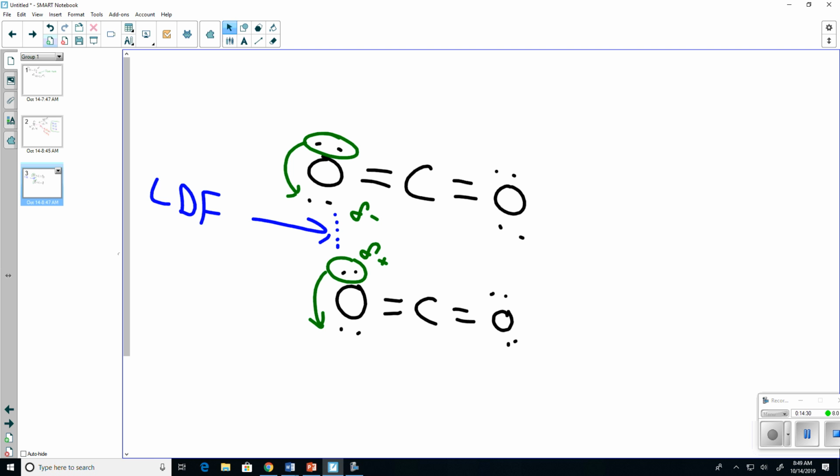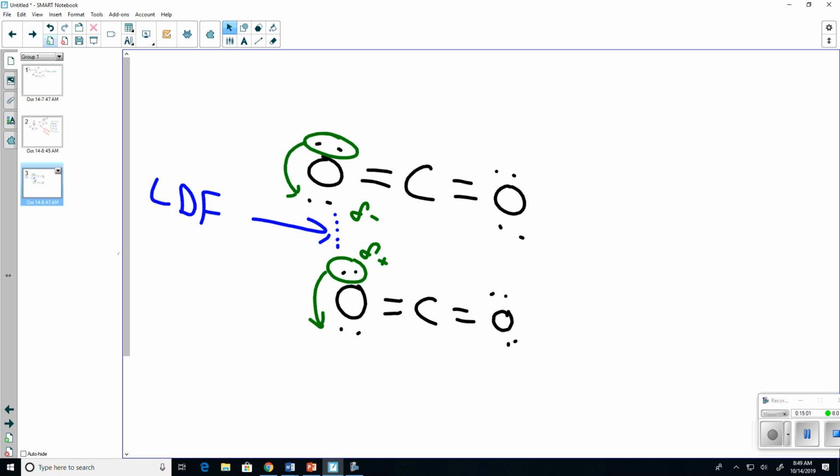The problem with London dispersion forces is they are temporary dipoles. Unlike polar covalent, which is a permanent dipole, this is temporary, which means it'll go away. However, if your molecule is bigger, not only by number of atoms, but the size of atoms, think of it as you go down the periodic table, elements get bigger, there are more electrons all around that can create these temporary dipoles.